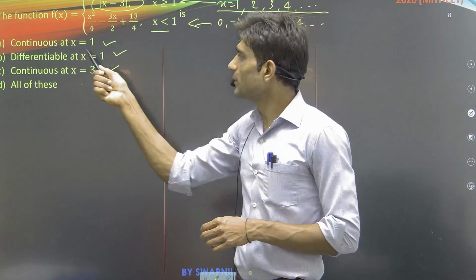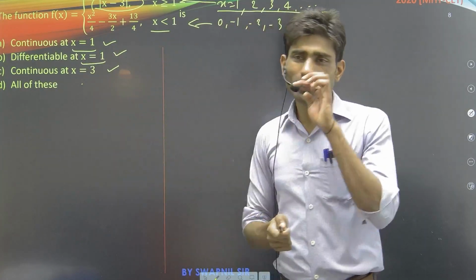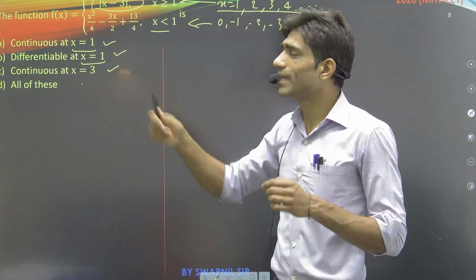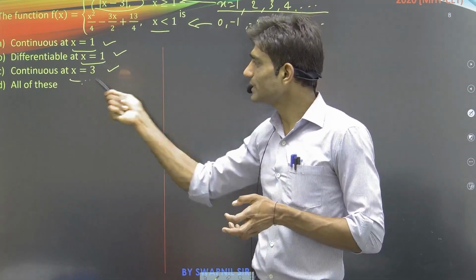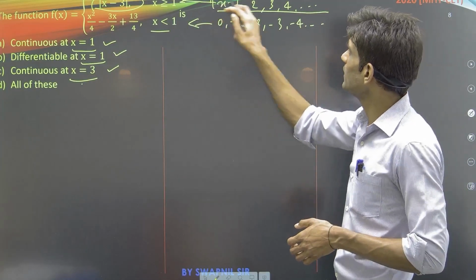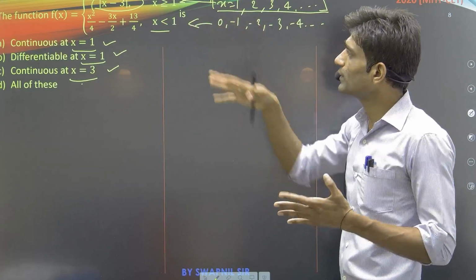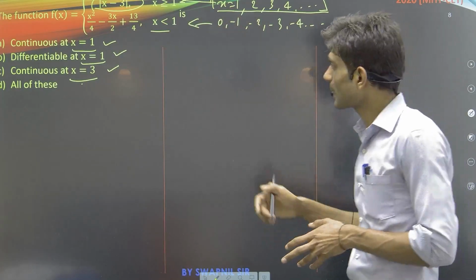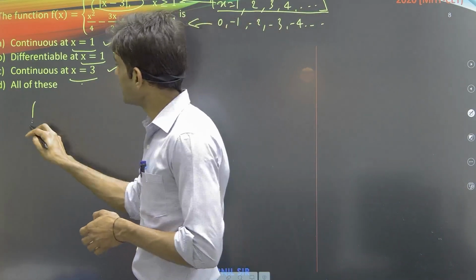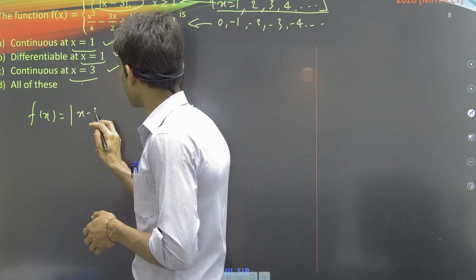In our options, we have x equal to 1, function continuous, x differentiable, x equal to 1, continuous, x equal to 3. That means we have to deal only with the first function for these values. For 1, 2, 3, we go for only the first function. So our f of x given here is modulus of x minus 3.